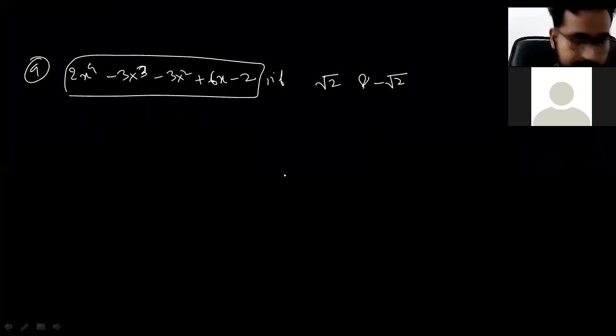Now two roots are given, root 2 and minus root 2. Two roots are given, and you have to find the other two roots of this given polynomial.